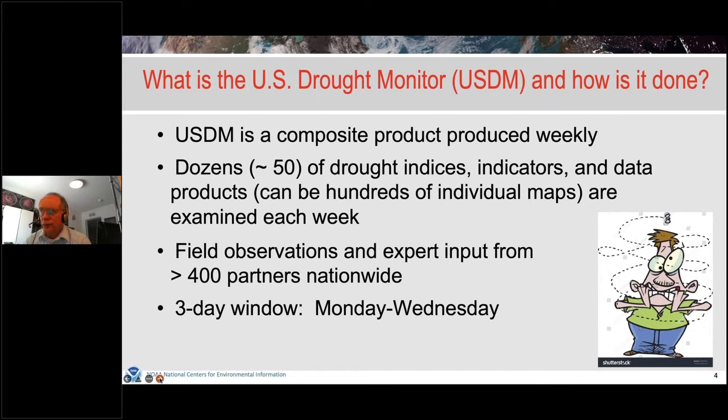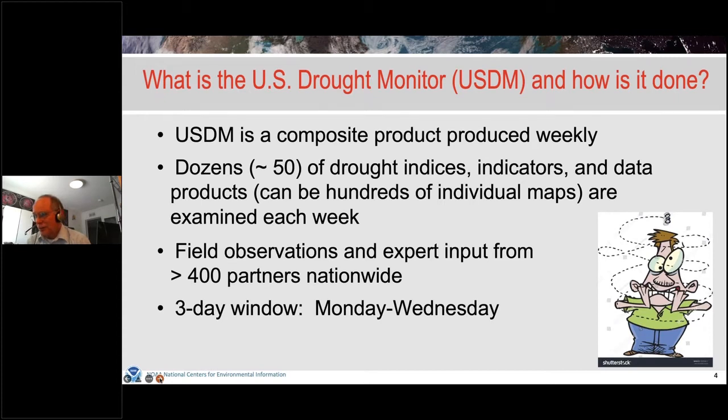It is produced weekly. It is what's called a composite drought product because we are integrating a gazillion things into it, dozens of drought indices, drought indicators, and data products. And we can actually end up looking at hundreds of individual maps each week.